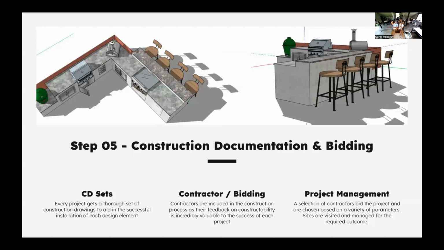And so the CD set is for us to really refine a detailed concept into real measurables that not only edit and refine our own design process, but then give us a tool to communicate to contractors so that we can say, here's this kitchen, what's it going to cost, when can you do it, that type of thing.